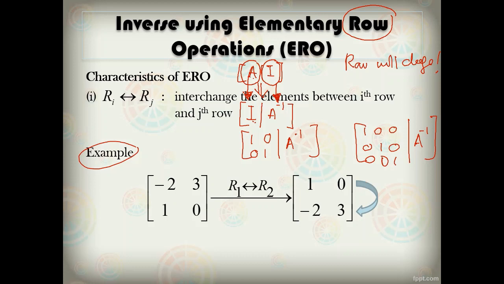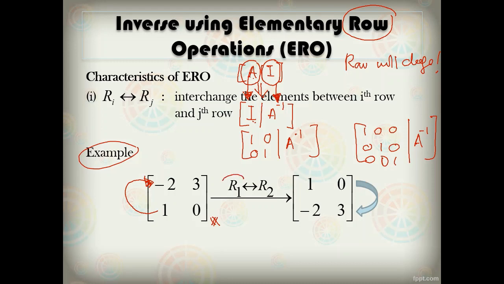So if this is your matrix A, what you can do is interchange the second row with the first row. So now the row that will change is row 1.